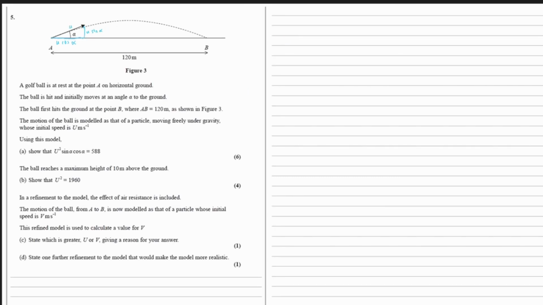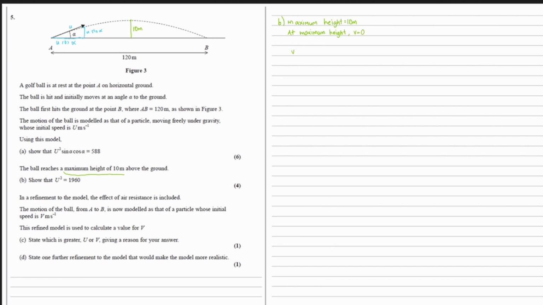So the next part of the question says that the ball reaches a maximum height of 10 meters above the ground. Show that u squared is equal to 1960. We've been told that the maximum height is 10 meters. We also know that at the maximum height, our velocity is always going to be equal to 0.